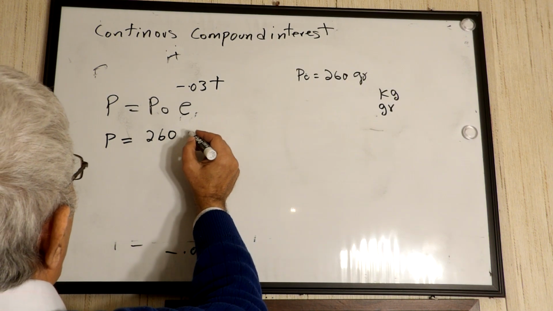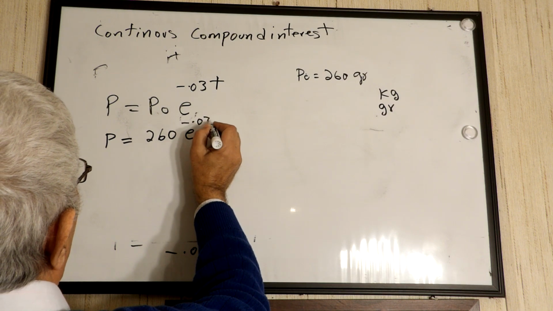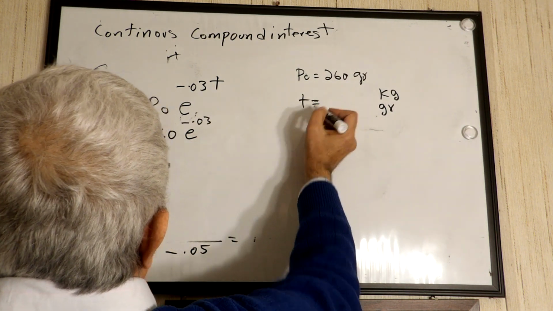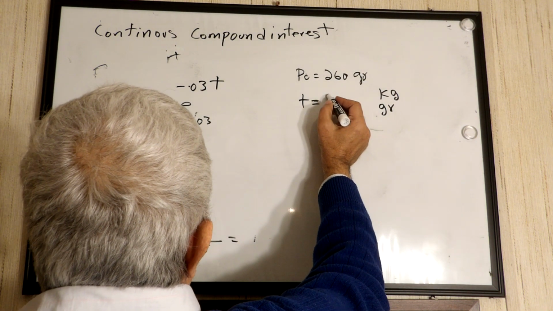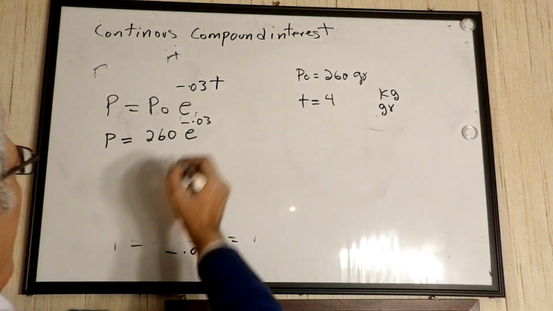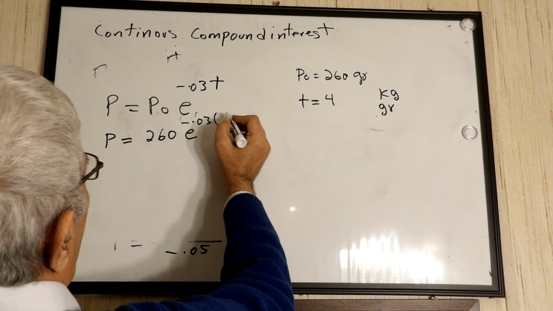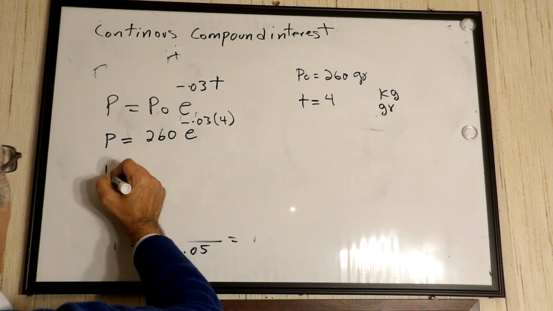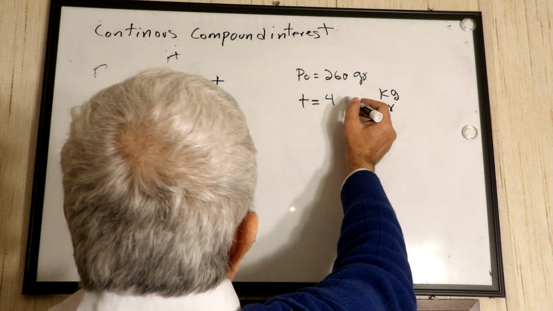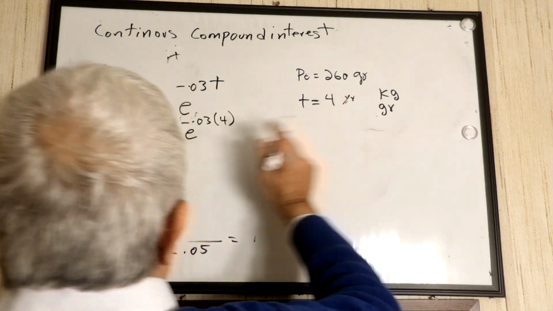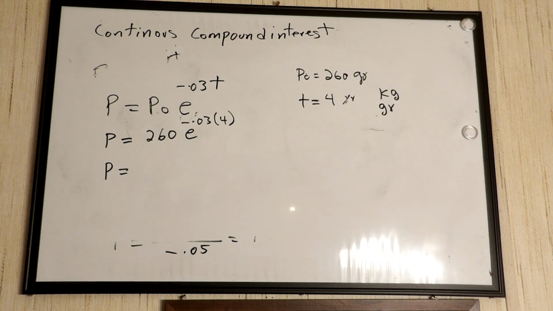So if we find after a period t, in years for example, 4 years, we put 4 here. You will find out how much is going to be left over after 4 years. After 4 years, how much is going to be the final amount?